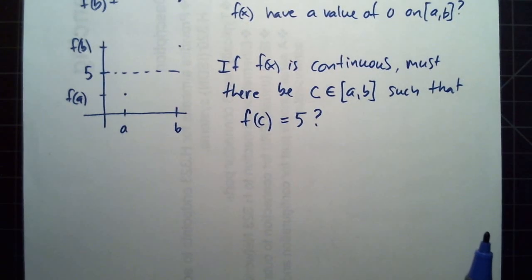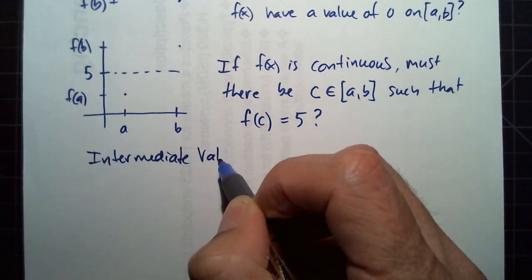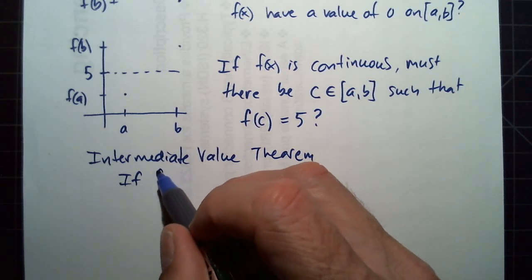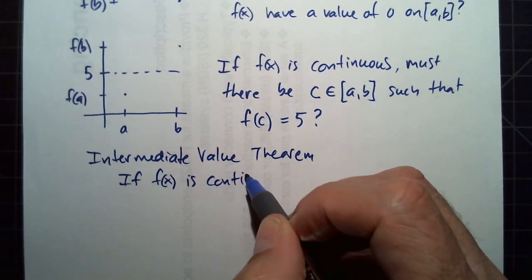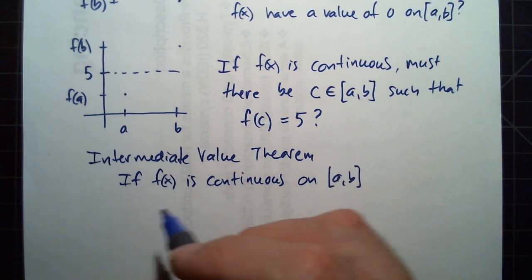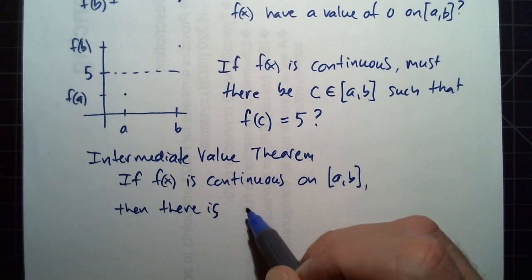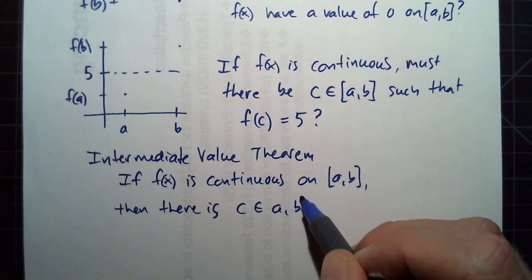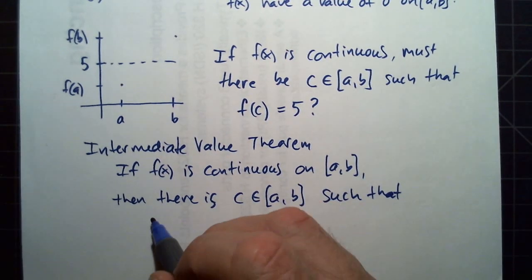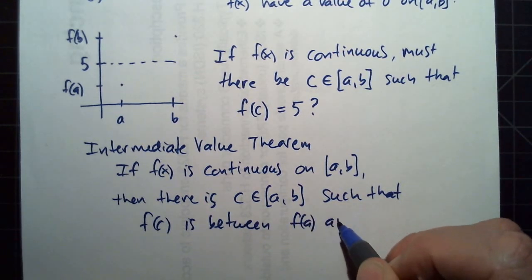So that's the intermediate value theorem. If f of x is continuous, then there is c, which is an element of the interval a, b, such that f of c is between f of a and f of b.